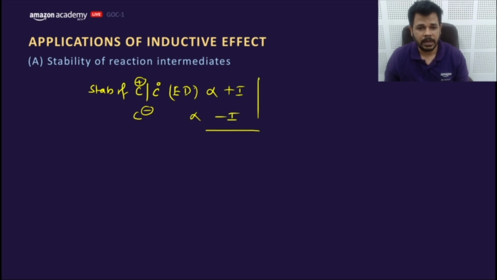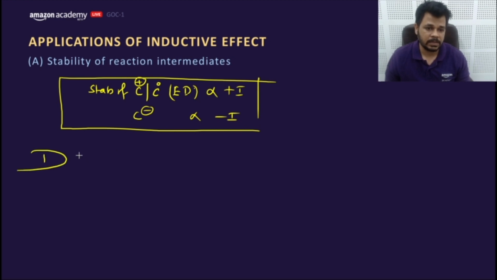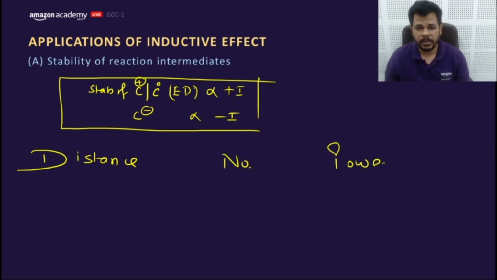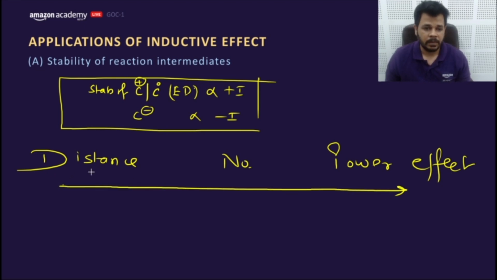Minus I. You need to consider it. Now the next thing you need to remember is distance, number, power effect before solving. You need to consider this, and you need to answer in sequence only. First you will look for distance, then the number and then the power.